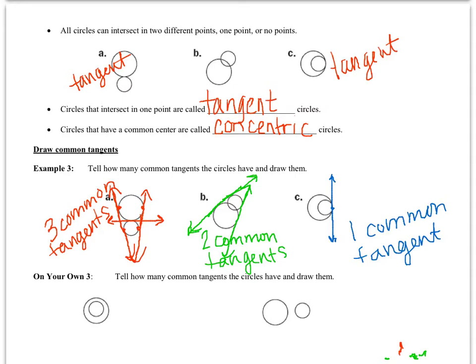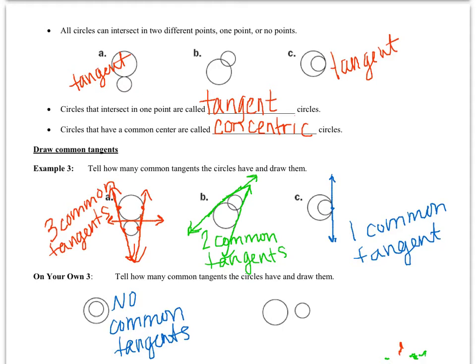Okay, so for this first one right here, the circles don't touch at all, so they would have no common tangents. And we wouldn't call them concentric because, like I said before, it looks like this spot is smaller than over here. This looks like it's larger, so it doesn't look like they would share a center point.